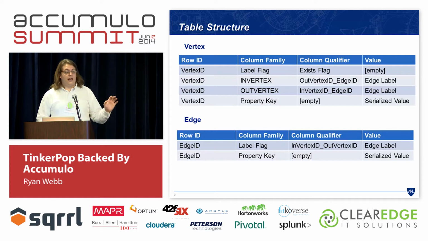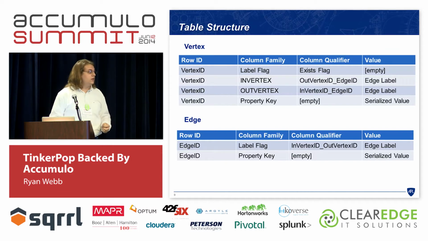So by putting in this value, it lets us scan just through the vertex table and do some of the API calls without having to jump to the edge table for another scan. Similarly, in the next row, the out vertex, we have the other vertex and the edge that represents that relationship and its label, and then properties: row ID, column family, and then in the value field is your serialized value.